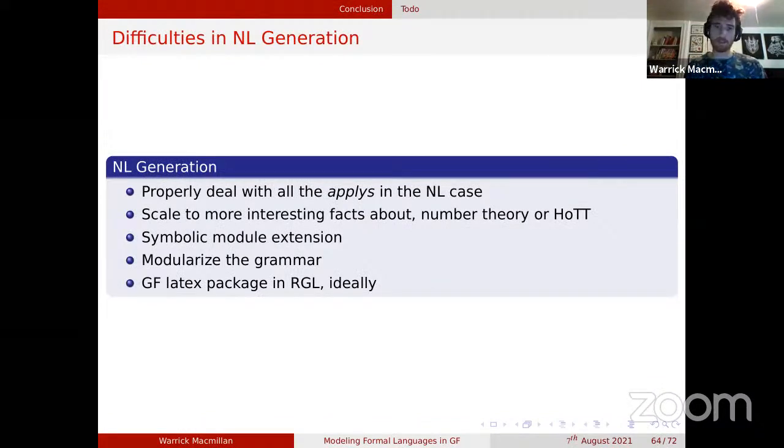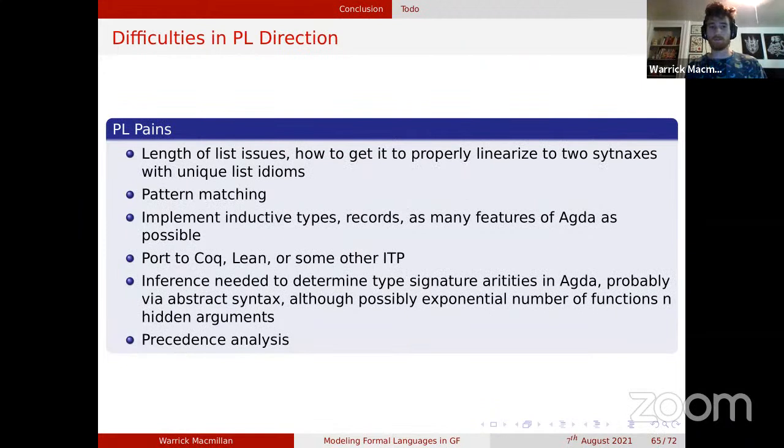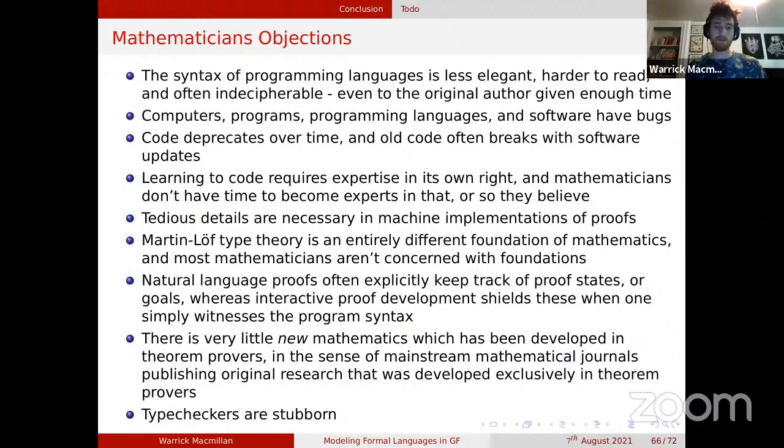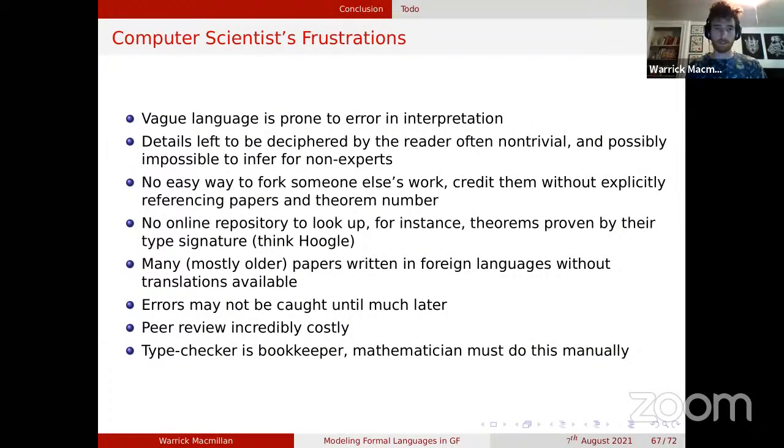So I think I've got a ton of things in the to-do section. So basically saying why natural language generation is hard, why programming language generation is hard with GF, what mathematicians might object to in using proof assistants, and what a computer scientist might be frustrated by when trying to read natural language.